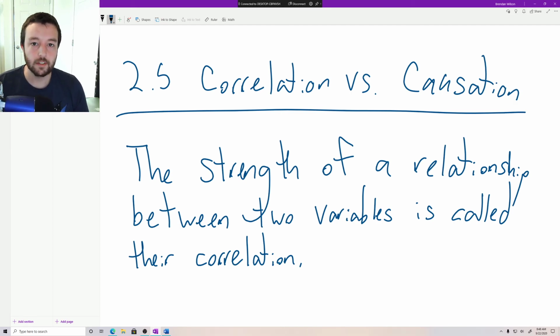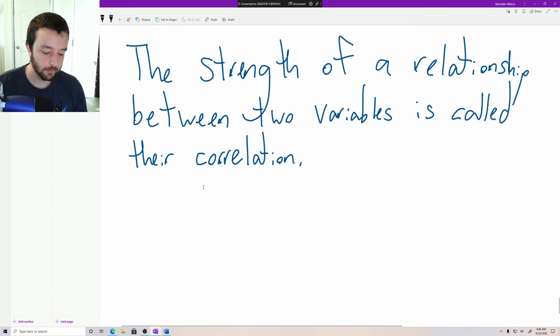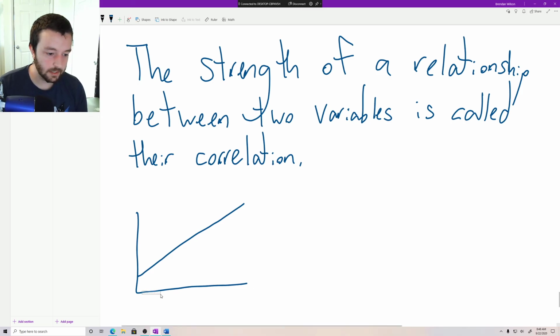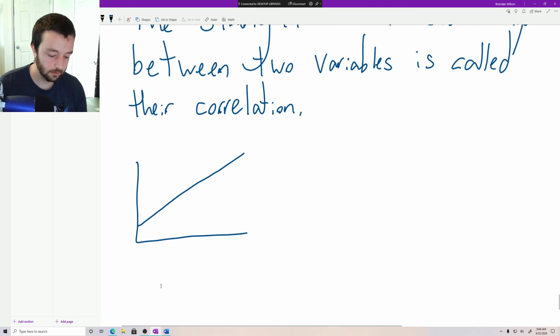And if two things have a negative correlation, that means as one increases, another one decreases. So if we looked at the graphs of them, a positive correlation would look something like this. Where as one is increasing going to the right, the other is increasing too, going up. So this would be a positive correlation.